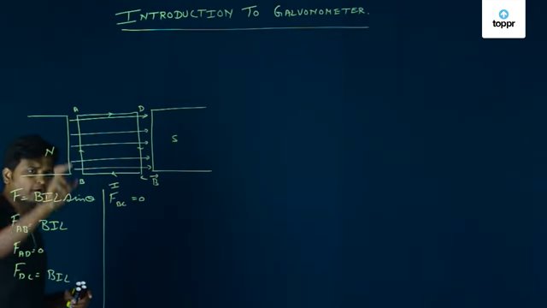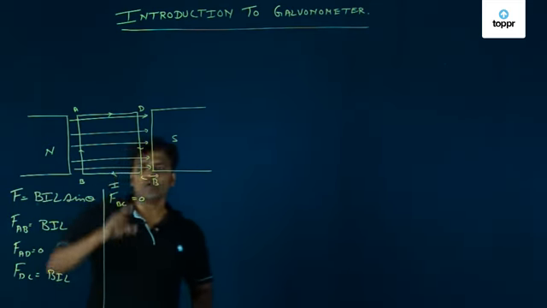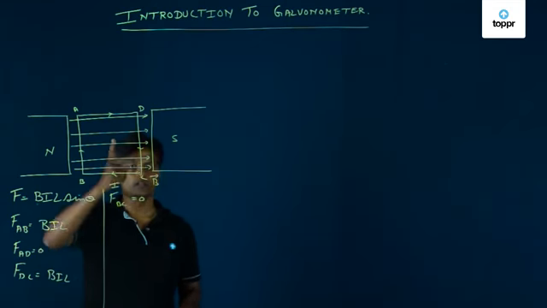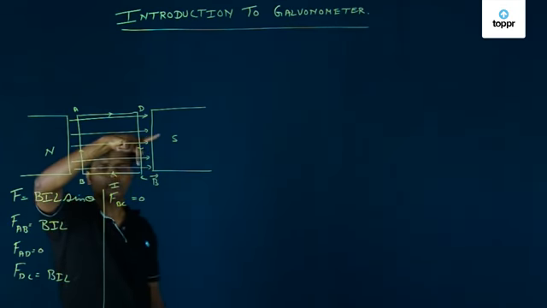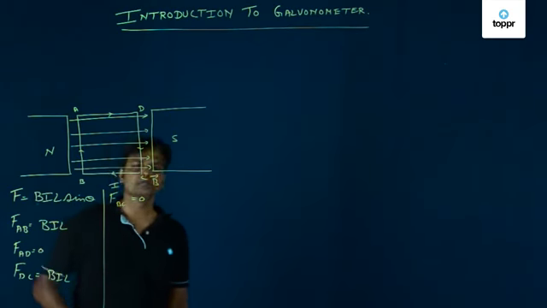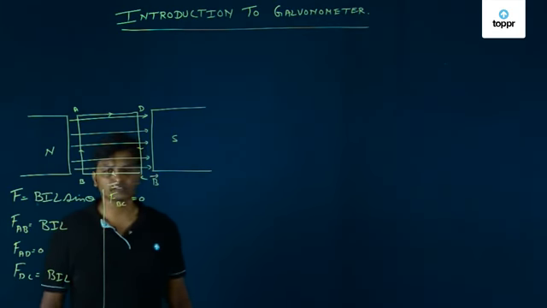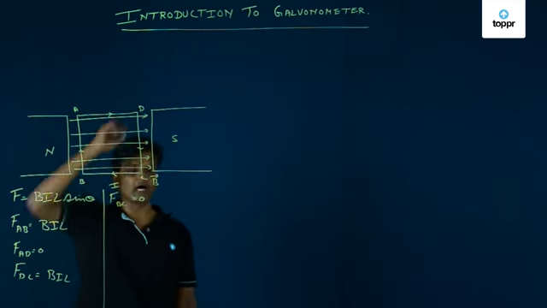That means this particular part of the coil is going inside the plane. What about this particular part? This is the direction of the magnetic field and this is the direction of the current. The thumb represents force. That means this part, DC, is coming out of the plane of this glass. So this part is going inside and this part is coming outside.